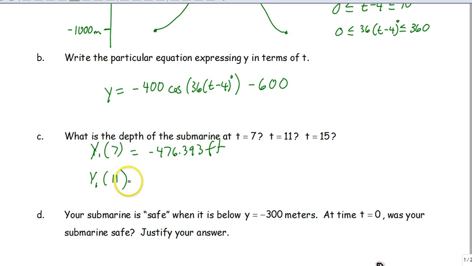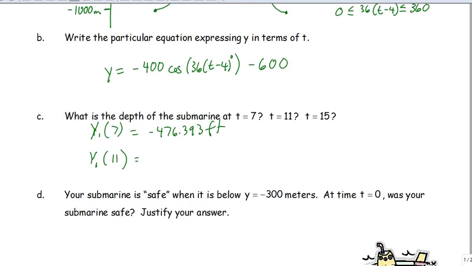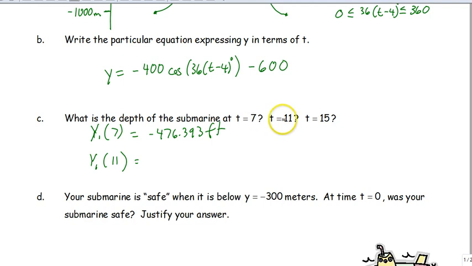At 11 it's actually at the same spot, which makes sense because if you look at it, it's symmetric around the 9. So if you go to 7 or 11, it should be at the same depth, just because that's where it's symmetric around. We're 2 away from 9. Negative 476.393. And finally, the time at 15.